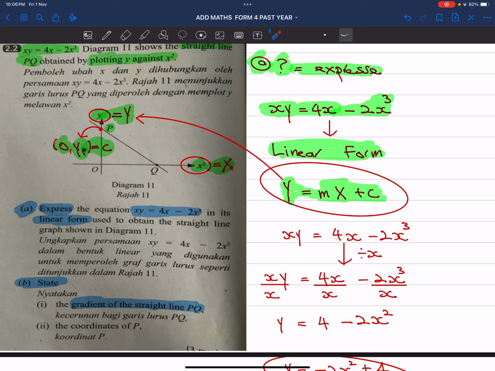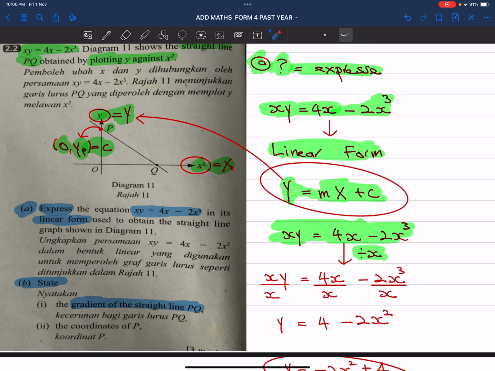So therefore, we take the non-linear equation which is given. I'm going to divide each term by x. Why? So that when xy divided by x, I can get the y.